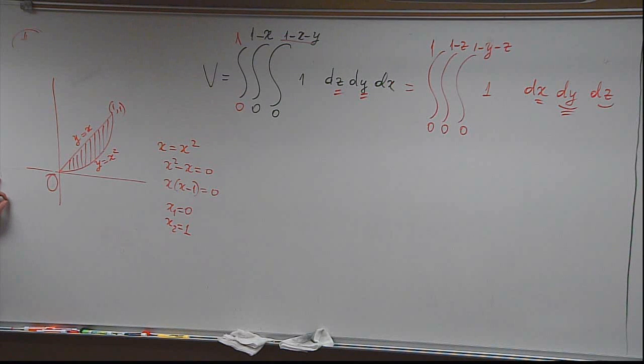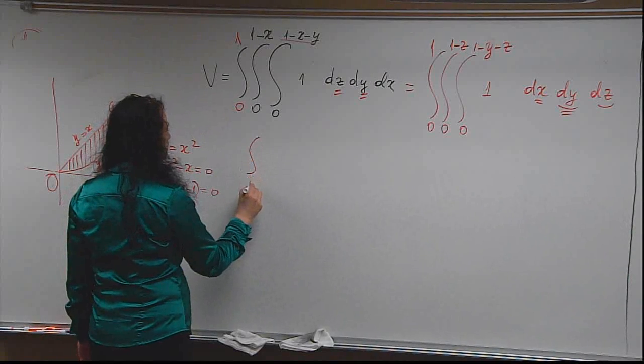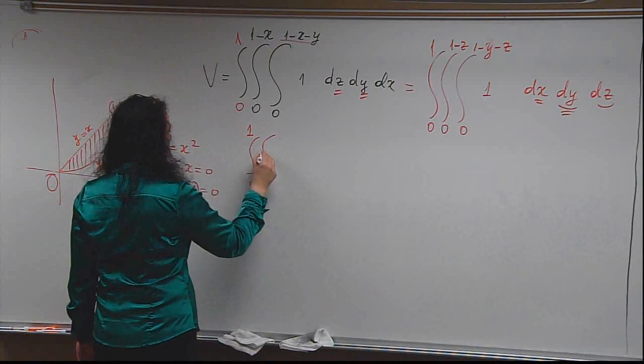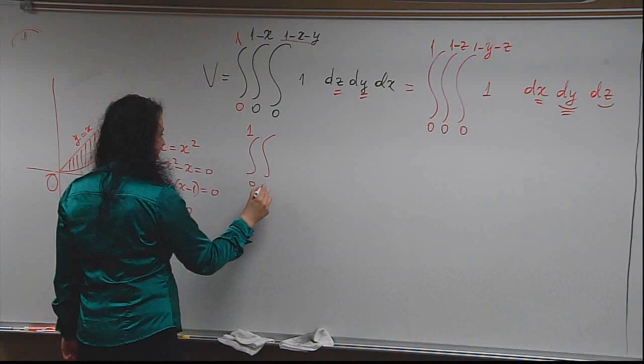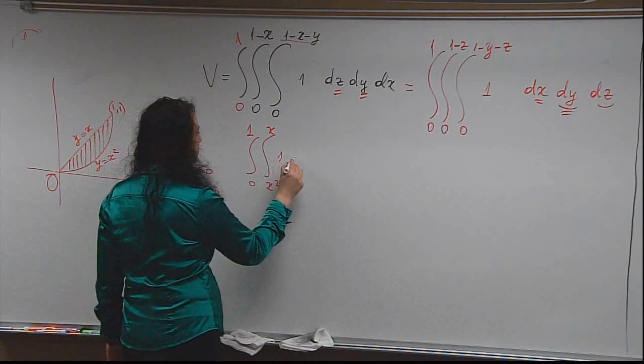Set up the integrals in both ways and get me the answer. I have no idea what the answer is. I used to know these things by heart, but I forgot. So you have integral from 0 to 1, integral from x squared to x. Am I right? 1 dy dx.